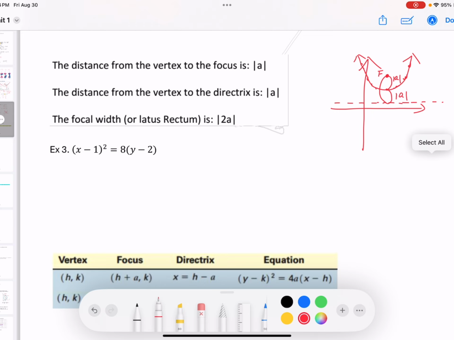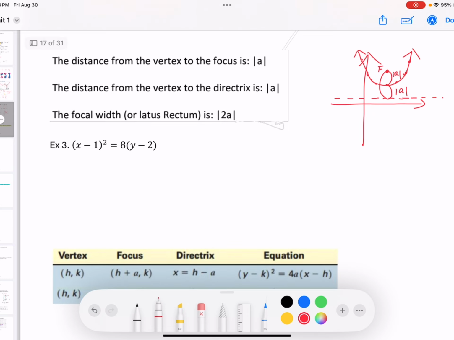Okay, let's see the next one. Let's make a sketch of number 3. First, we solve the old friends, which is make a sketch of the graph. The x part is squared, that means my graph opens upward or downward. And open upward, a is positive.